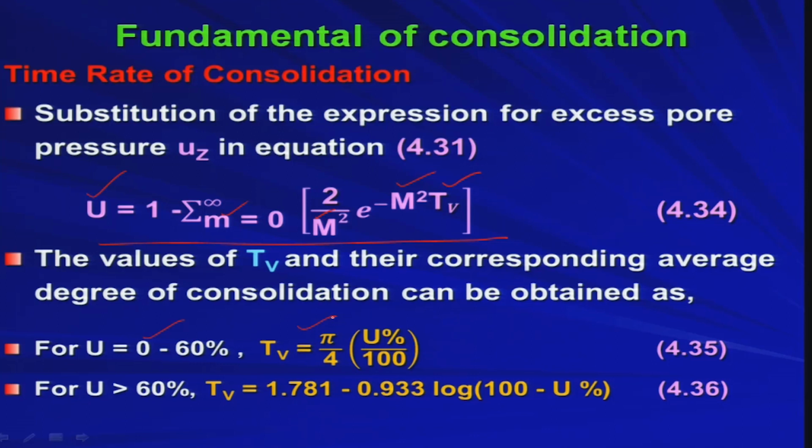Or if U is greater than 60%, then T_v will be calculated from this expression. So, that means if you know the average degree of consolidation capital U, then you can calculate T_v, that is the time factor. Once you know T_v, you can find out other parameters. When we take some numerical problems, you will appreciate how these equations are getting used.